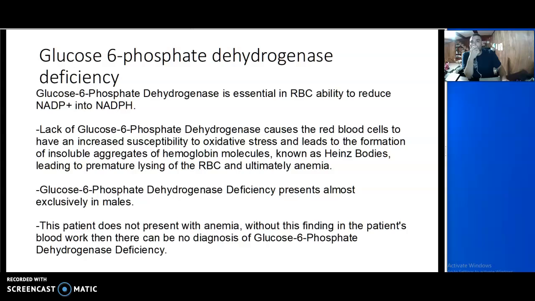Also, it should be noted that this deficiency is almost exclusively seen in males, but even if the odd female is able to have it, the lack of anemia is a rule out for this particular cause.